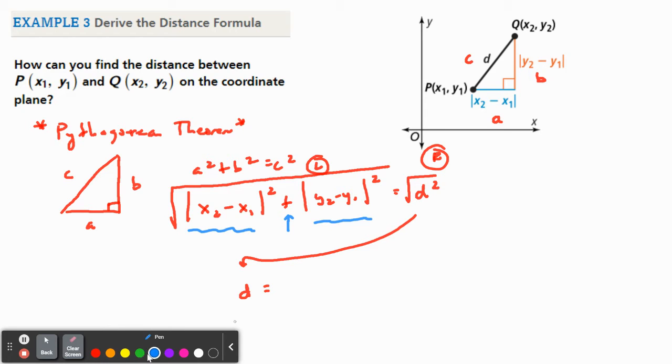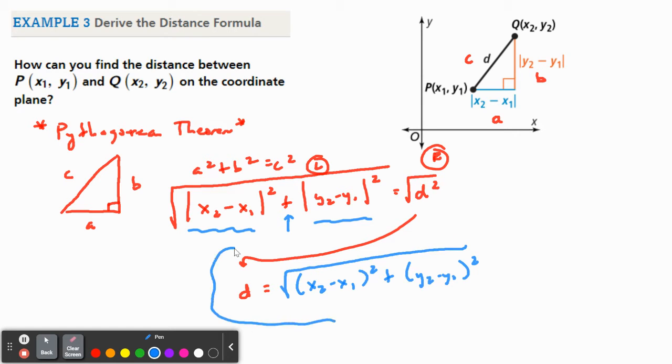So we're going to get, in parentheses now, x2 minus x1 squared, plus in parentheses y2 minus y1 squared. But now that whole thing is inside a square root. And this, my friends, is the distance formula they want you to know. So that's our deriving the distance formula from Pythagorean theorem in right triangles.